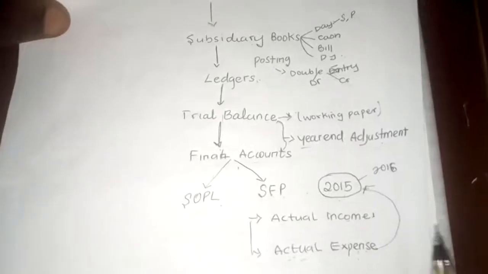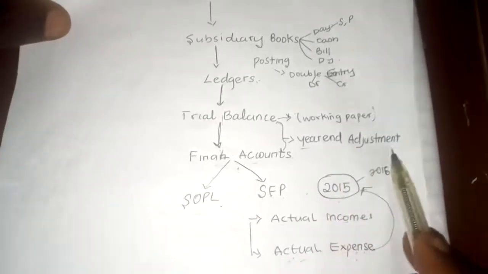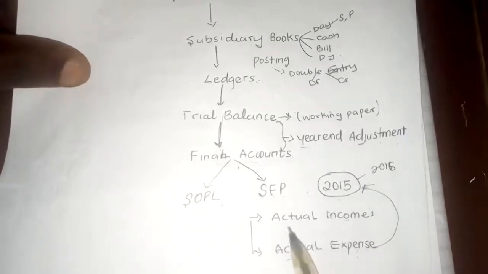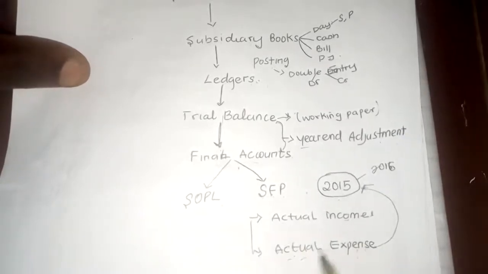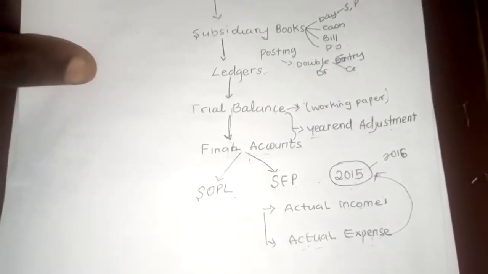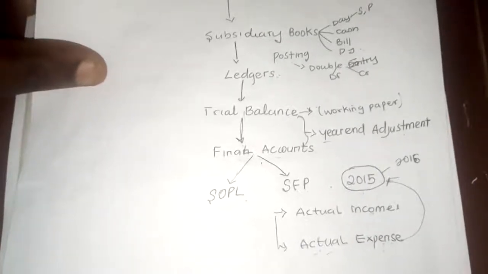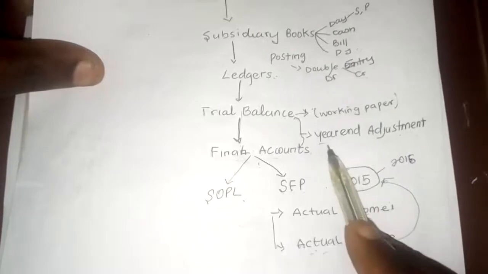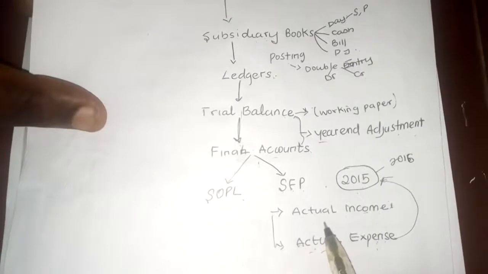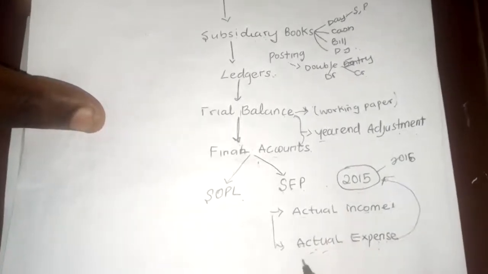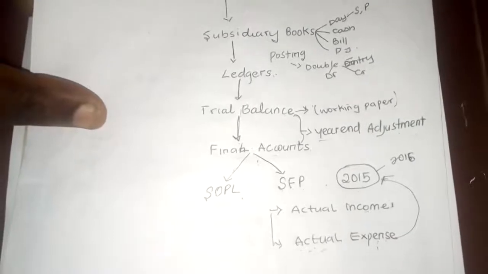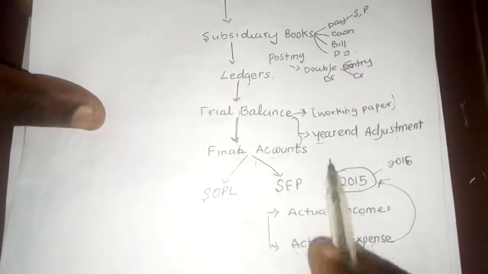Hope you understand. The reason for these year-end adjustments is to ensure that the actual income is matched against the actual expenses. Write it down. Class, now, what are year-end adjustments?